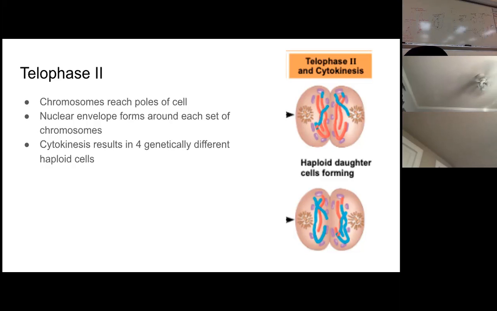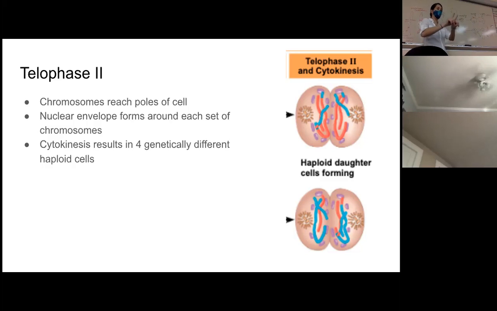So do we end up with all of the information that we started with in each one of our cells? Yes, it has all the information, but not the same exact number.